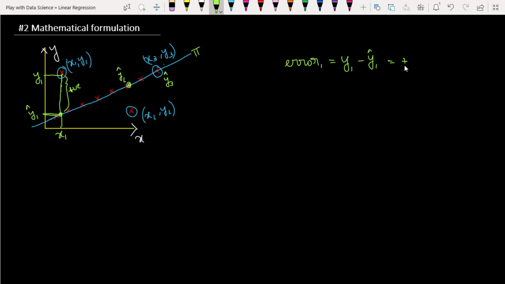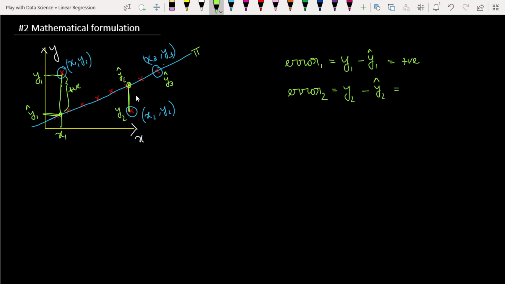Now let's consider error 2, y2 minus y2 hat.